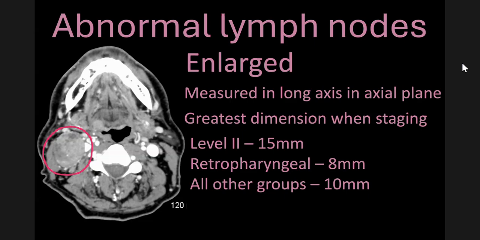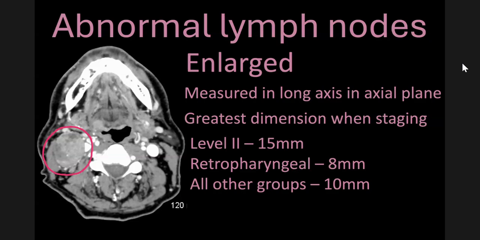I did say that we measure the lymph nodes in long axis in the axial plane when we are trying to decide whether the lymph node is normal or abnormal. But there's one thing that we should keep in mind: when we are staging head and neck cancer, we are taking the greatest dimension of the lymph nodes, and that greatest dimension may not be in the axial plane. It may be in the coronal plane, maybe in the sagittal plane.